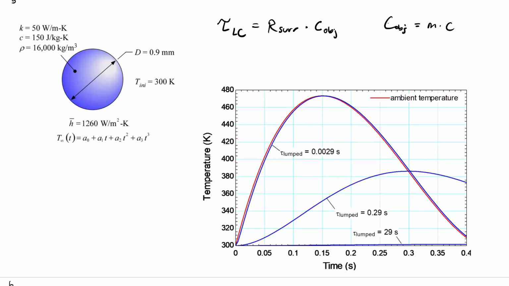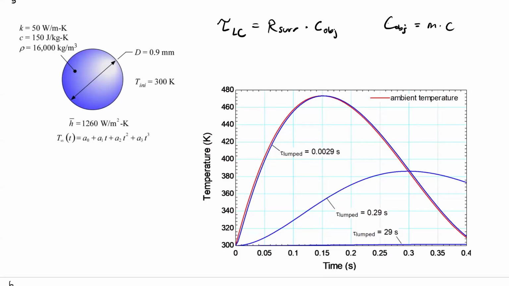Okay, so if tau LC, lumped capacitance, is a big number, that's saying that it's going to take a really, really long time for any change that's happening to actually show up. You're really slowly transferring heat to this body, and maybe the body really has a lot of thermal inertia. Think about that. It kind of makes sense.